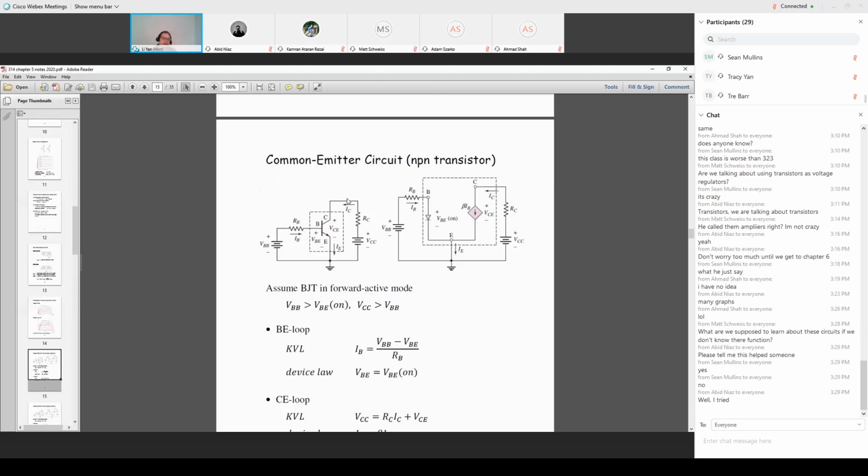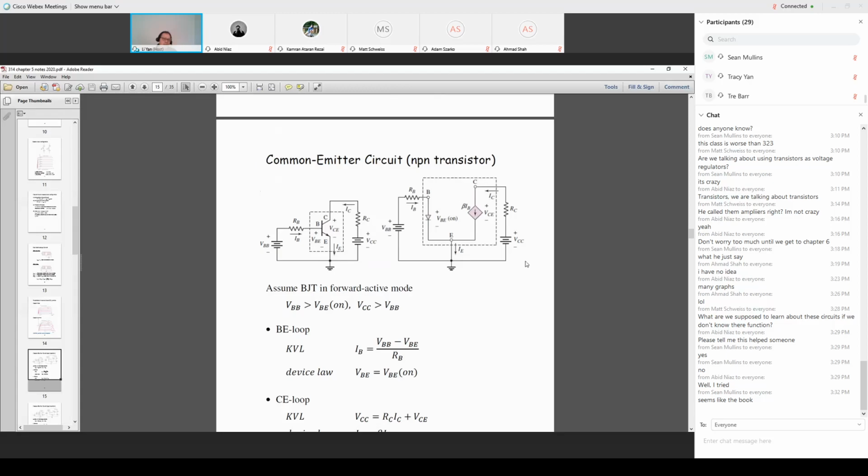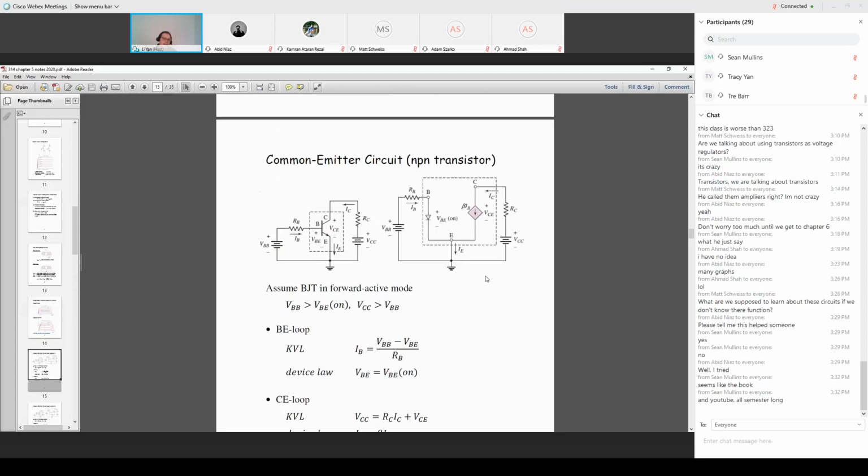This current is the IC to the left, flowing from the top to the bottom. So this branch we call the dependent current source, beta times IB. The total current coming out of the emitter, IE, will be the sum of the base current IB and collector current IC.